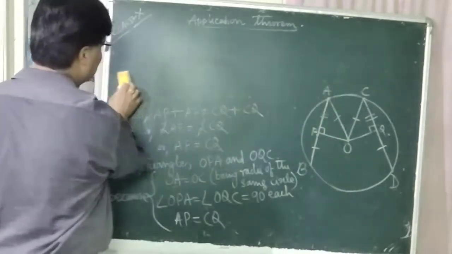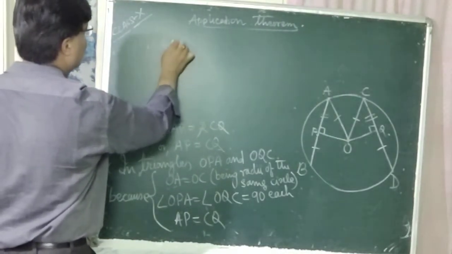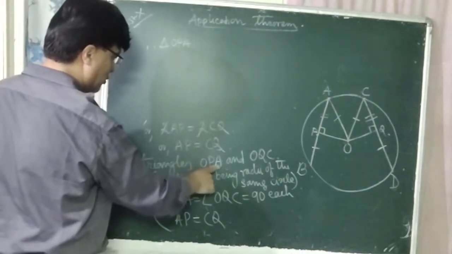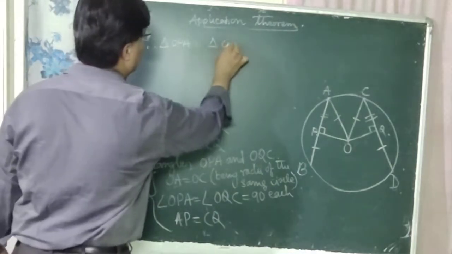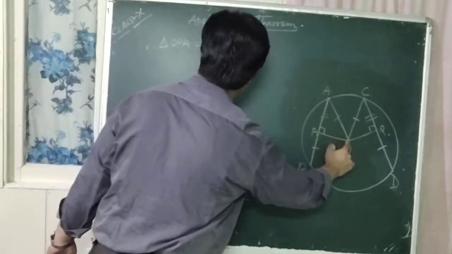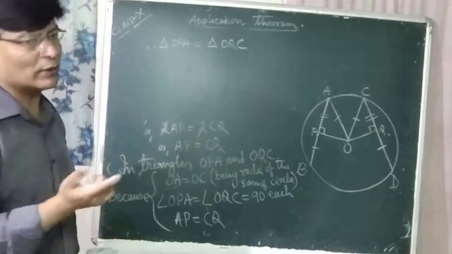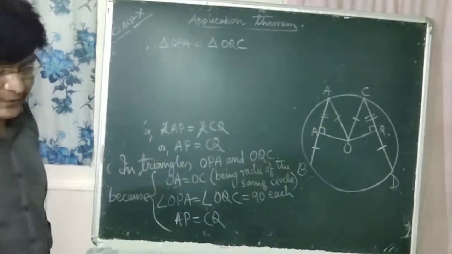So let us write here. Therefore, triangle OPA is congruent to triangle OQC. That means these two triangles are equal in all respects, equal in all angles and all sides. Okay?